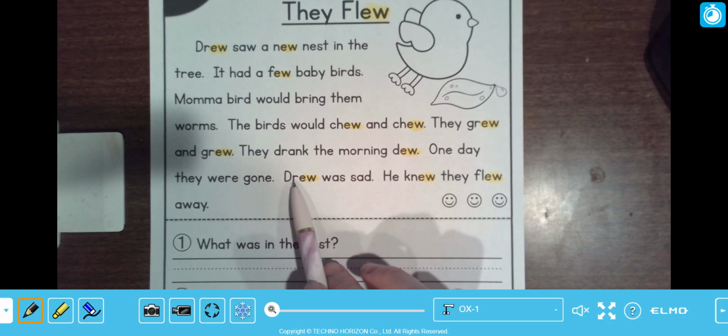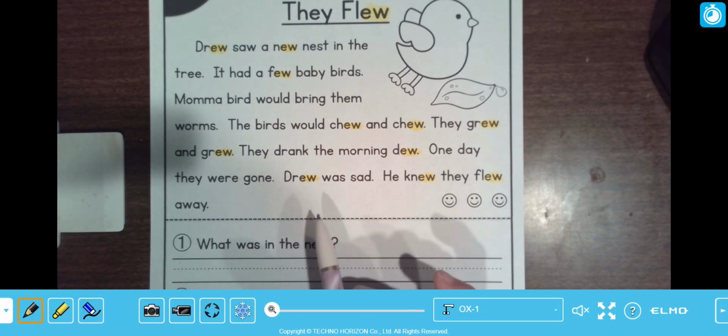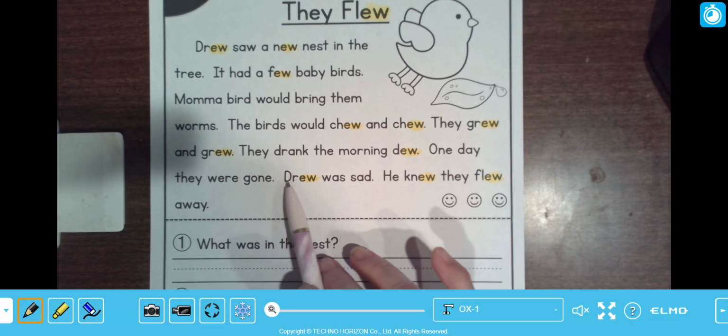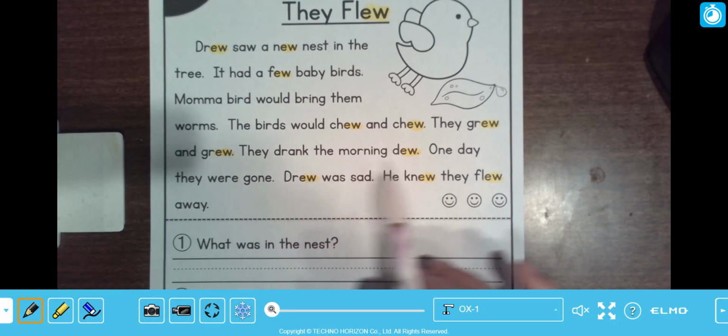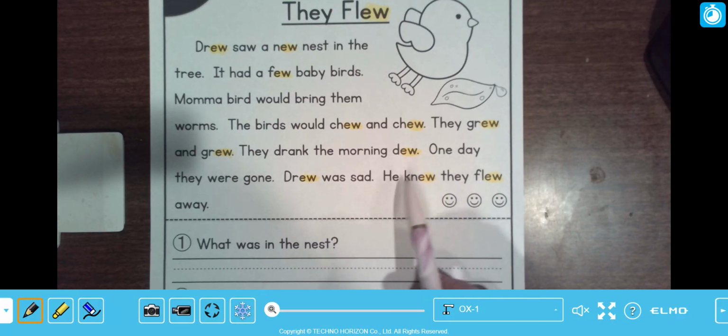D, r, oo. What's the word? Drew, which is a nickname for Andrew. And this one, what sound does the EW make? Ew. Let's read the KN together, which is N, because the K is silent. N, oo. New.